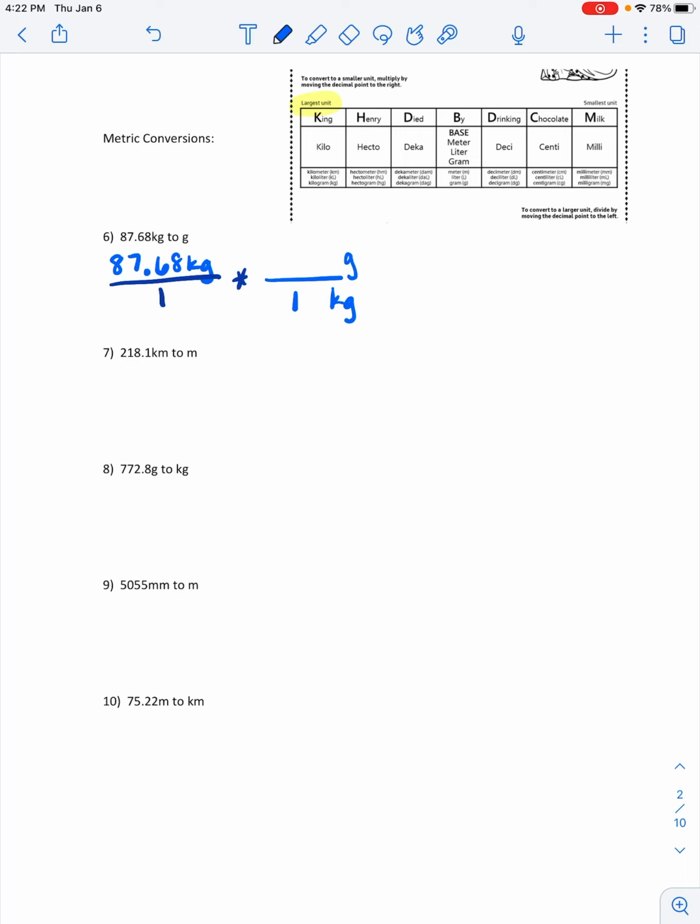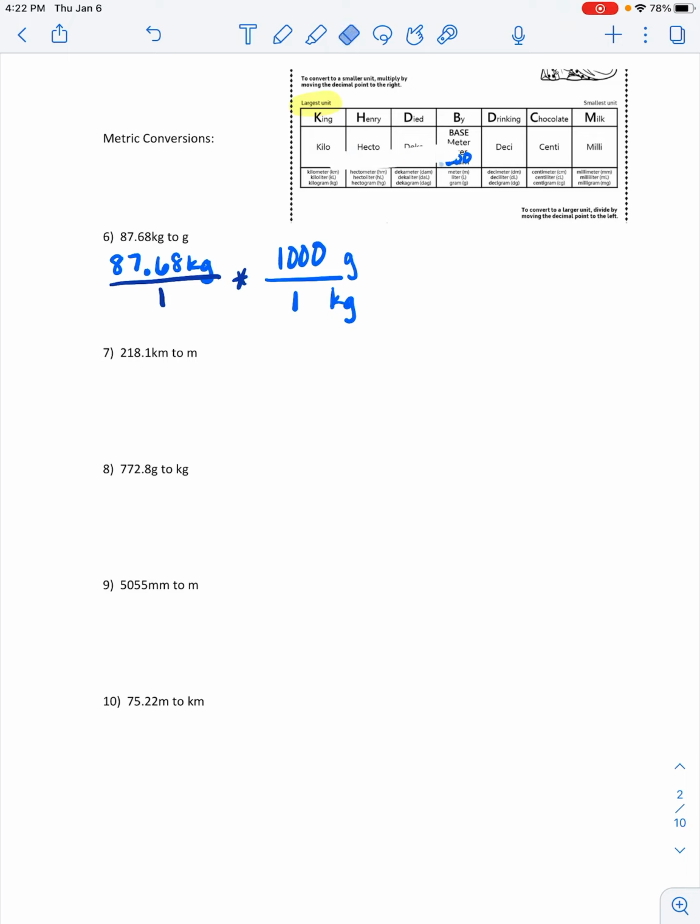So it's going to be 10 to get from kilo to hecto, 100 to get from hecto to deca, and 1,000 to get from kilo, sorry, to the gram slot. So we're going to put 1,000 grams in my numerator.